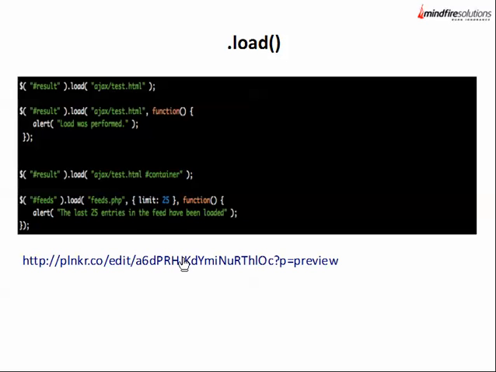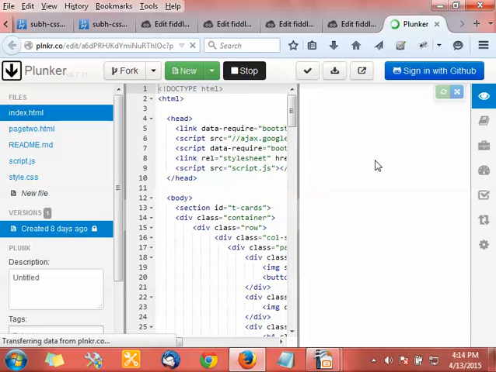Okay. Now let's see, I created a nice demo of that, of how the load works. This is on Plunker. Every code I put on JS Fiddle or JS Bin, or some code I put on Plunker. Okay, it's running, it will come.